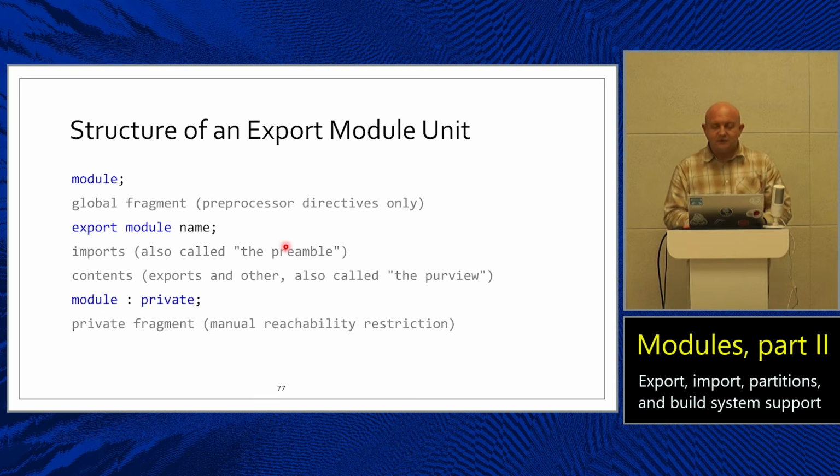Next, the preamble, which holds all your imports, then the purview, where the real content lives: your declarations, definitions, exports, and so on. And finally, at the very end, you can add the private fragment introduced with module :private. That's your manual unreachability zone. So now everything is in its proper place: global fragment, preamble, purview, private fragment, the full anatomy of a modern C++ module.